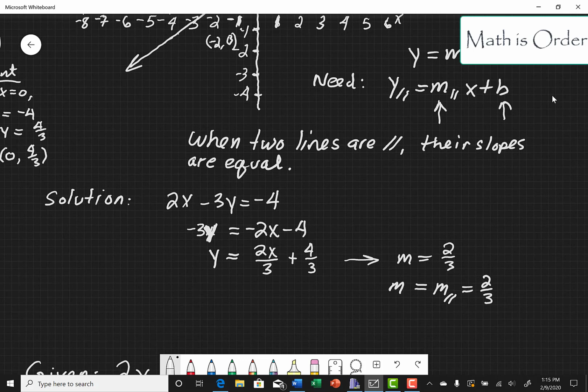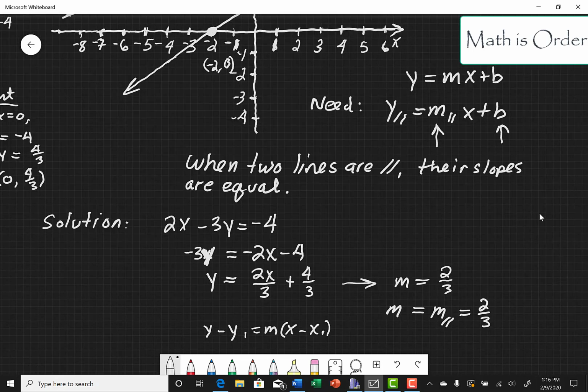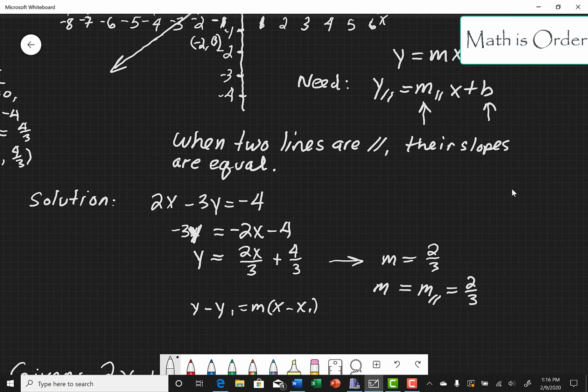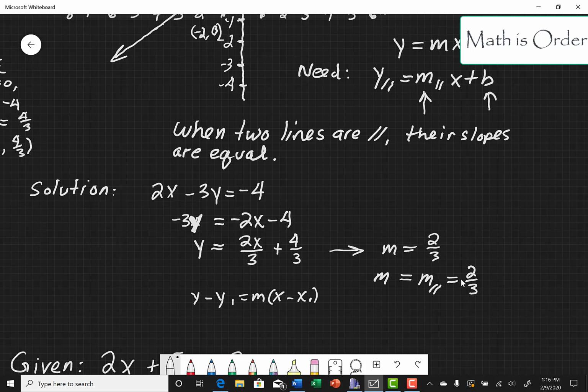Using the point slope formula, y minus y1 equals m times x minus x1. And x1 and y1 are the coordinates of this given point, negative 5, 3. And we're going to use our slope, 2/3.